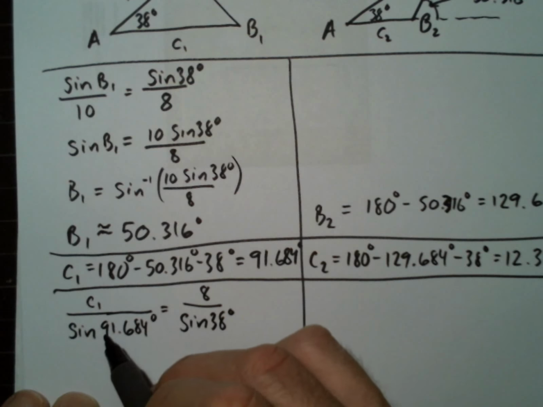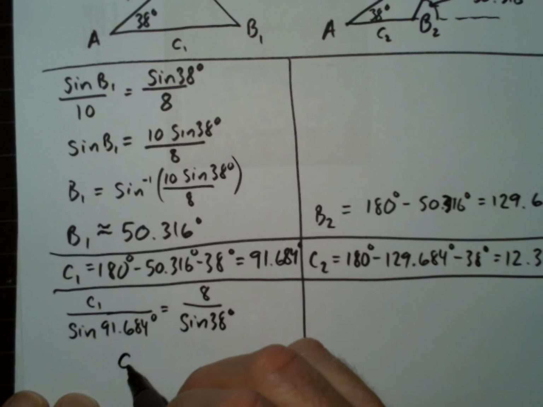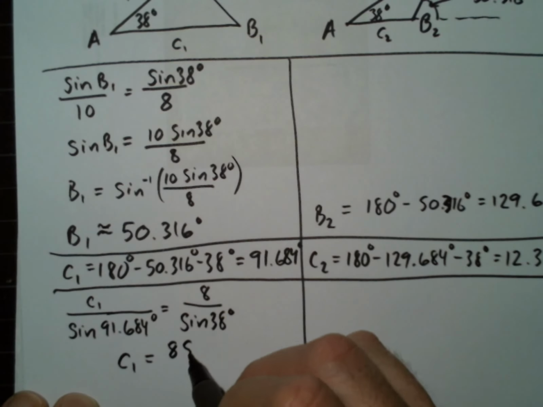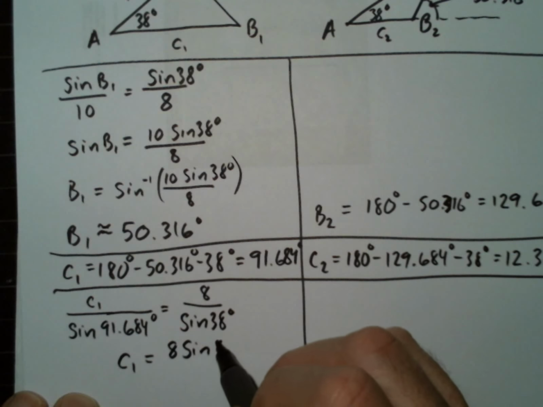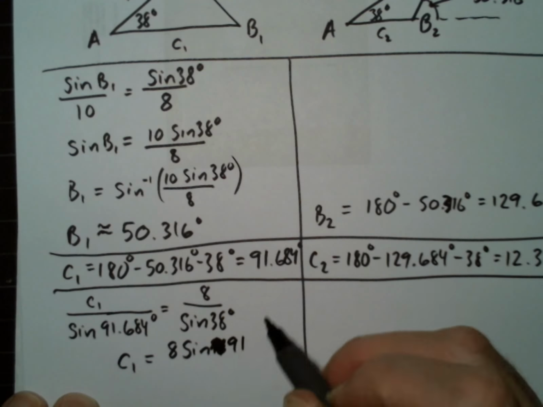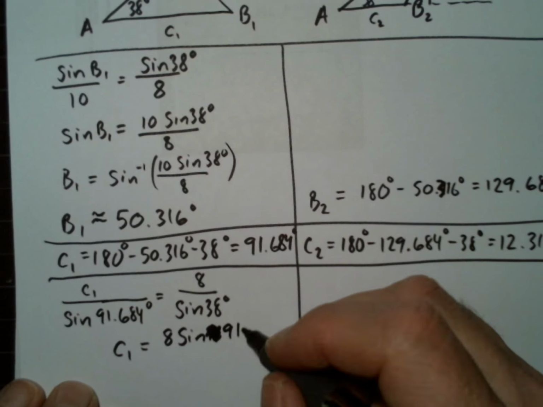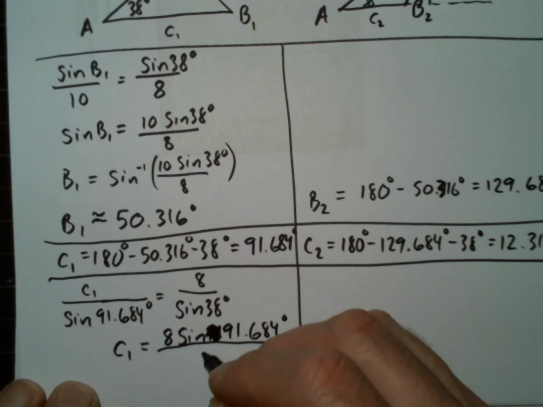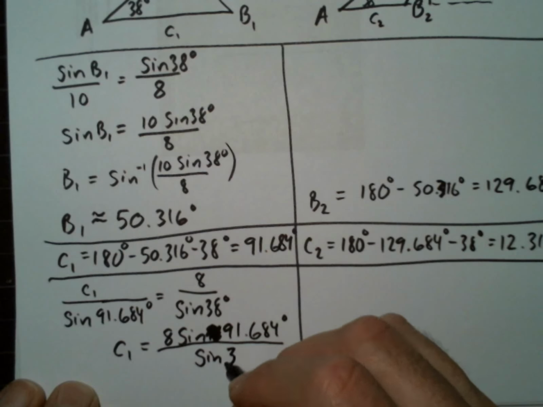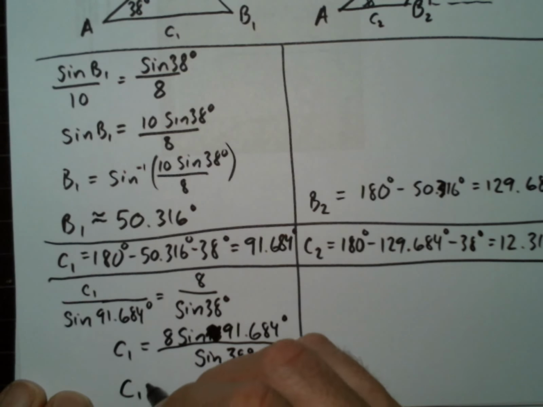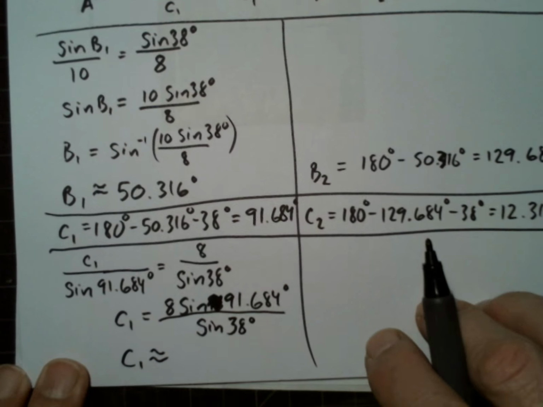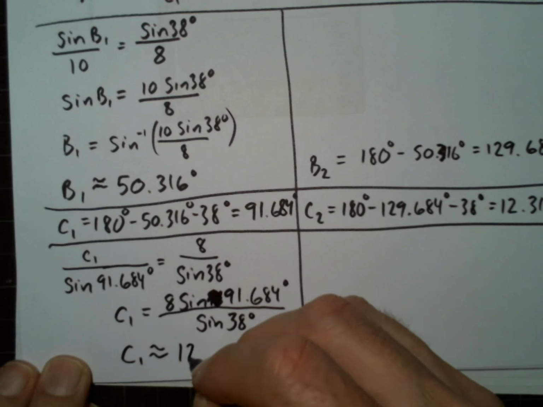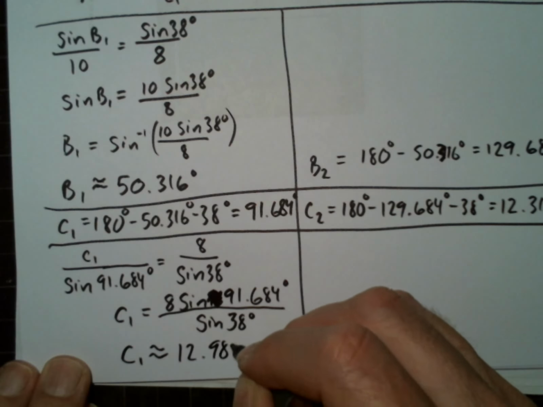Then we'll multiply both sides by this, and with the calculator we get 12.989.